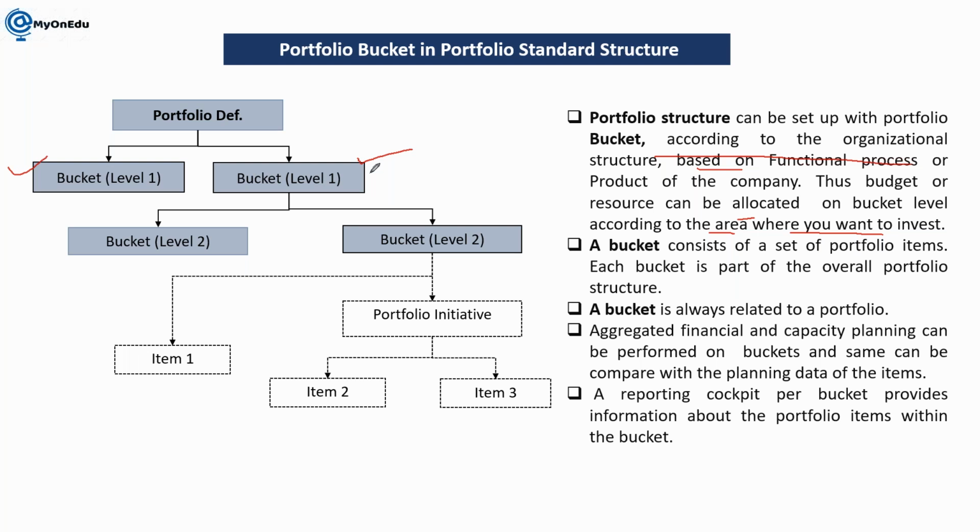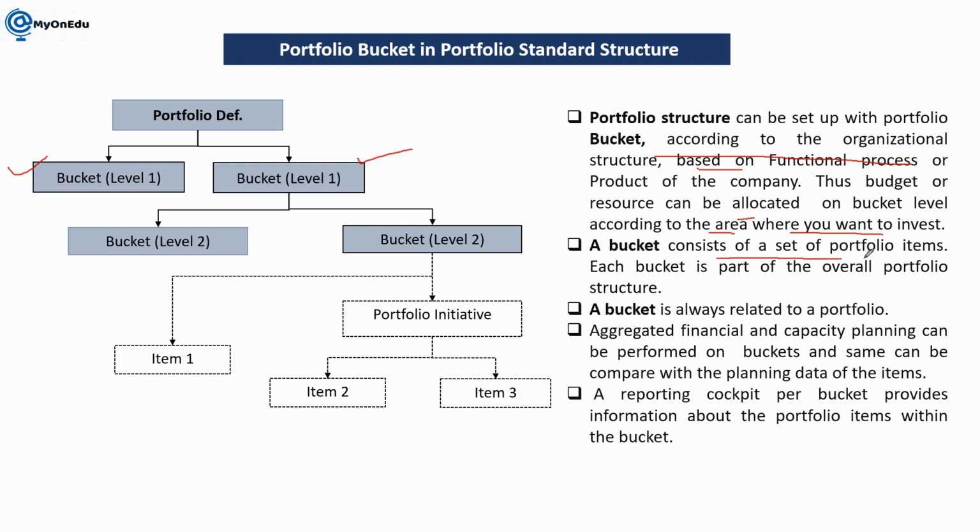So when we approve the budget for any investment, let's say internally we are going to extend our business, how is the budget going to be distributed? Is it based on the processes, or on the divisions? That needs to be understood, and based on that we create these buckets.